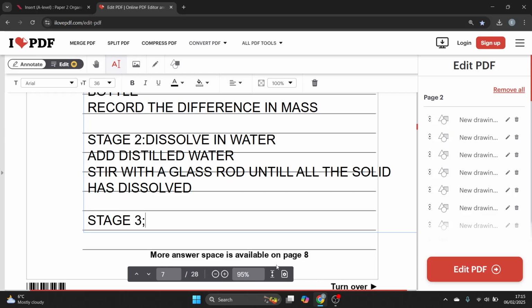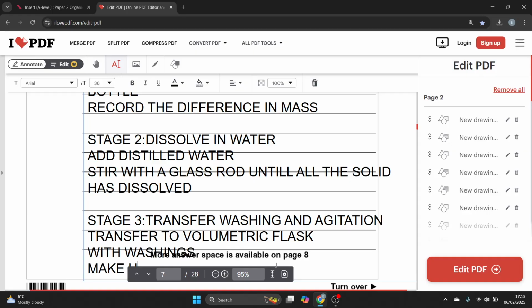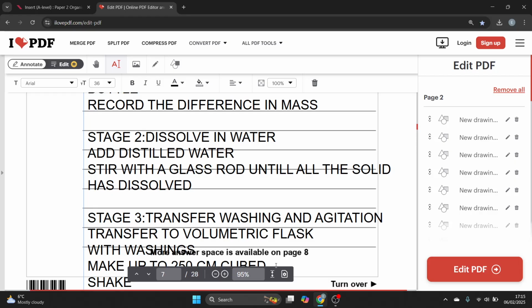Stage 3, transfer, washing and agitation. Transfer to volumetric flask with washings. Make up to 250 centimeters cubed. Shake or invert.